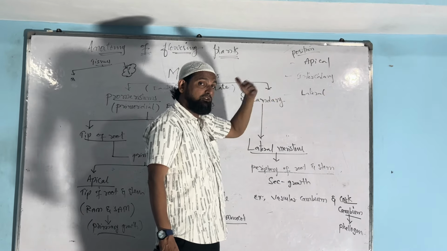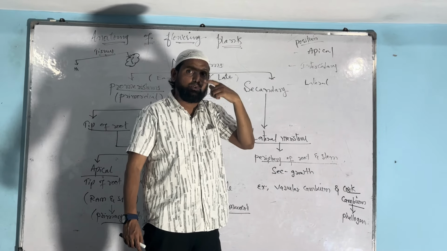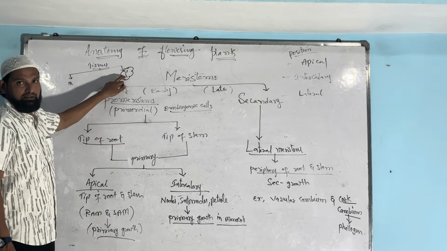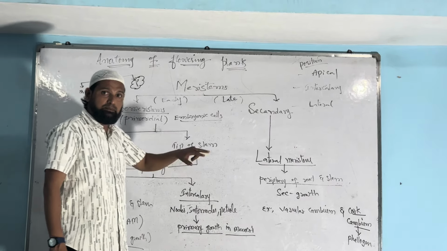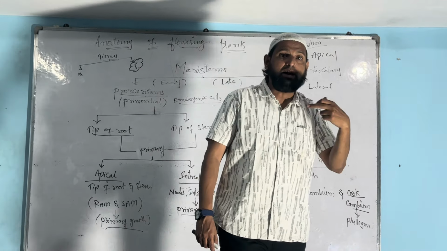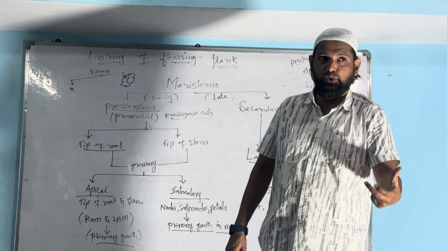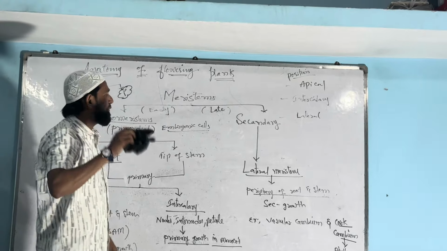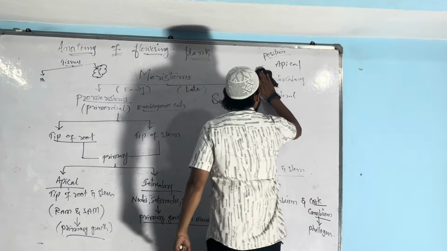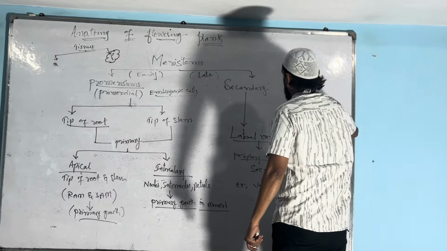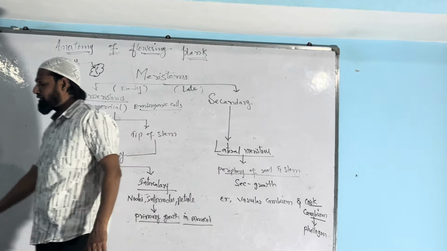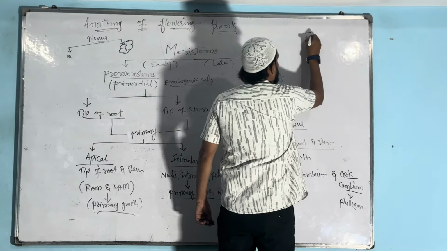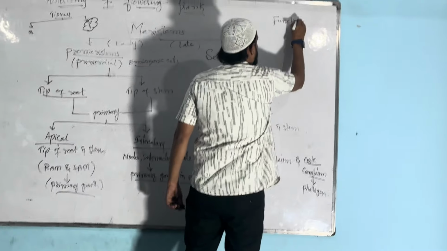Now what I want to explain to you is when meristem becomes permanent, means when immature becomes mature, based on that we can take one more statement. Based on functions, the meristems are of three types.